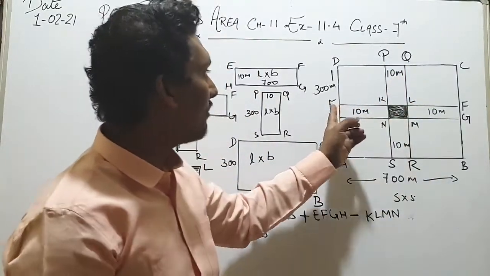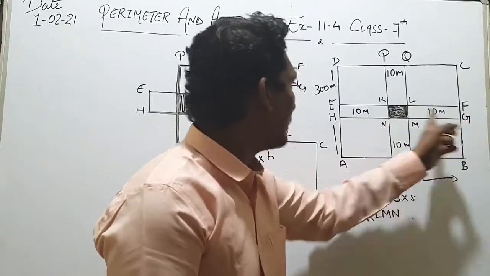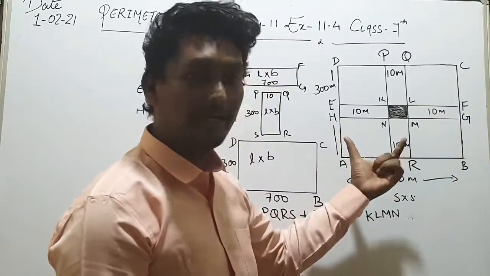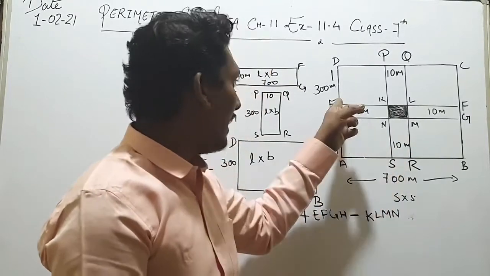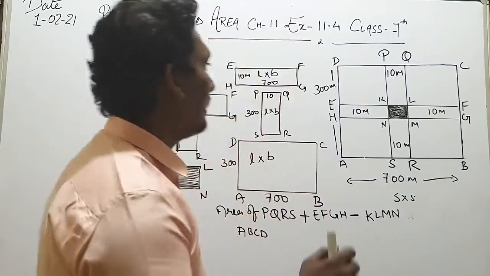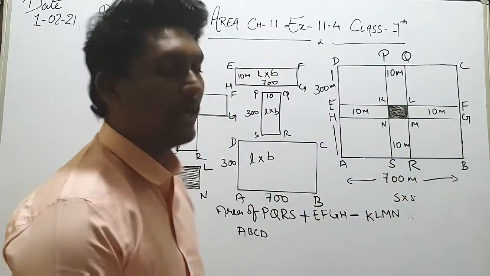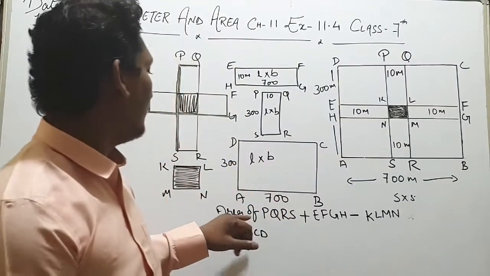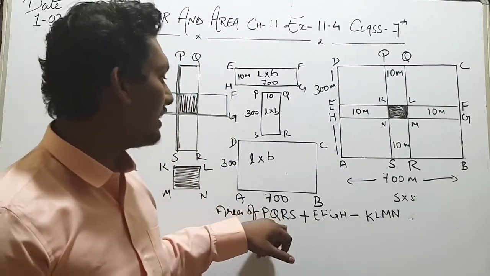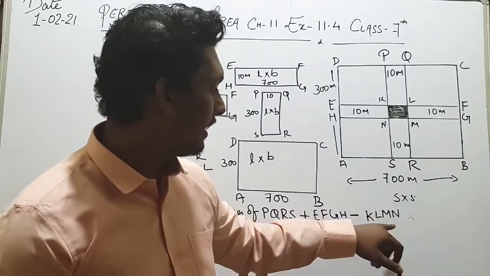Same way, when we are talking about EFGH, we consider HG as length, that is 700, and EH is the breadth, that is 10 meter. Then later on we have to calculate the area of the square, that is side into side. So area of PQRS plus area of EFGH minus KLMN, okay.